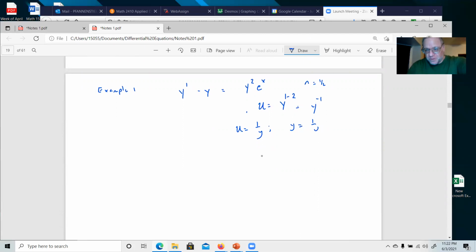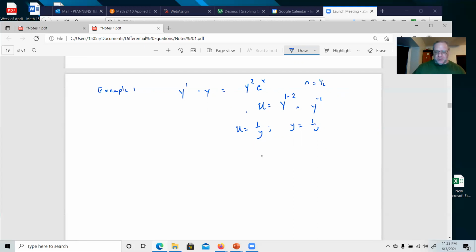Other than my choice of which derivative to take, with exponents dealing with u or y, they've all pretty much worked out the same, in about the same amount of time. Once you've got the substitution in, there are about 8 ways from Sunday to solve this. It's up to you how you see the best way to proceed. You don't have to follow a prescribed recipe to solve this thing.